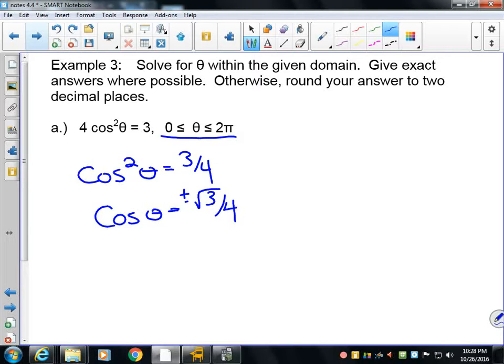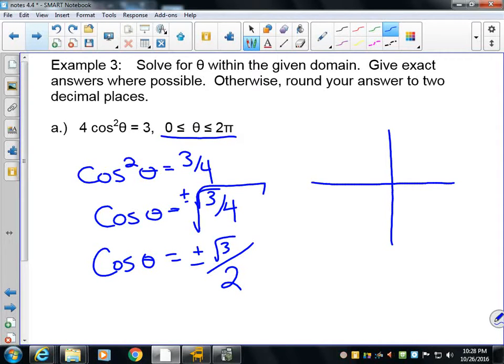So we're looking at lots of answers. Back up. It's the square root of 3/4, right? So that's actually plus or minus the square root of 3 all over 2, because the square root of 4 is 2. Okay?